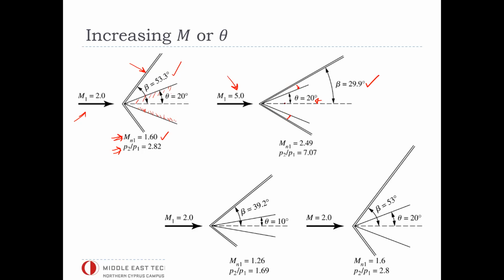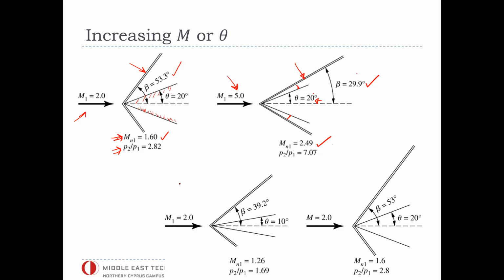Now, if you use these as input, so 20 degrees, 29.9 degrees for beta, and M1 equal to 5, and actually calculate the normal component, that is going to be much higher compared to the normal component here. Instead of 1.6, now we have 2.49.